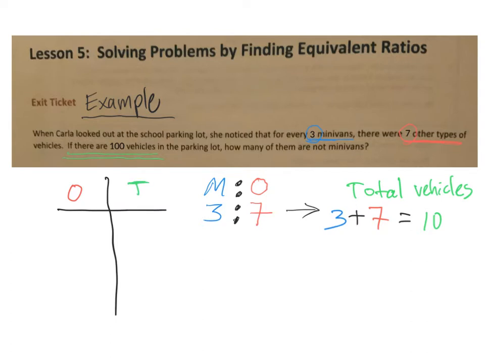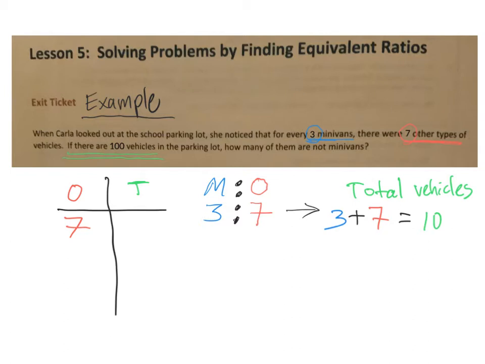So we know, by looking back over here at our ratio, that other vehicles is equal to 7 when the total amount of vehicles is equal to 10. So we can go ahead and put 7, okay, and we got that number, in case you're wondering, from this, other types of vehicles. Okay, it's already told us. We didn't guess it. We're not solving. It has told us.